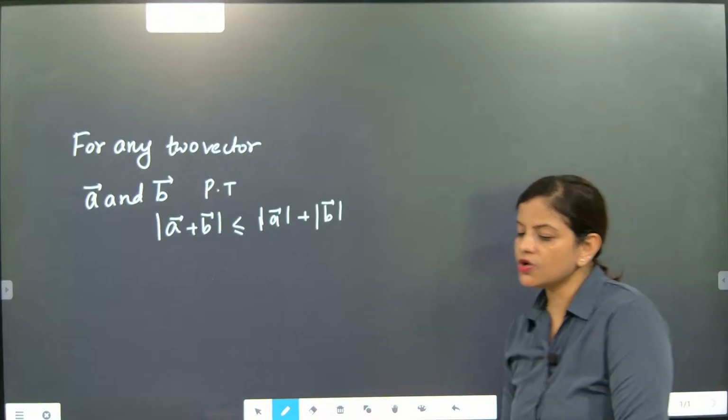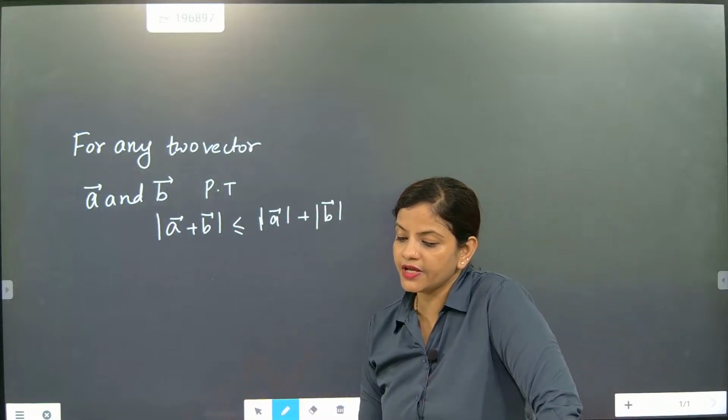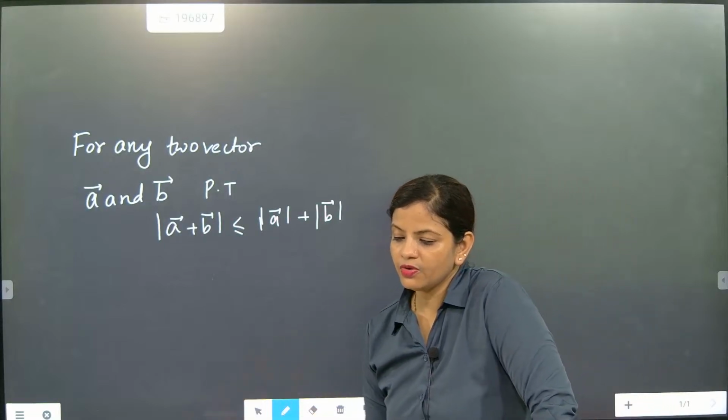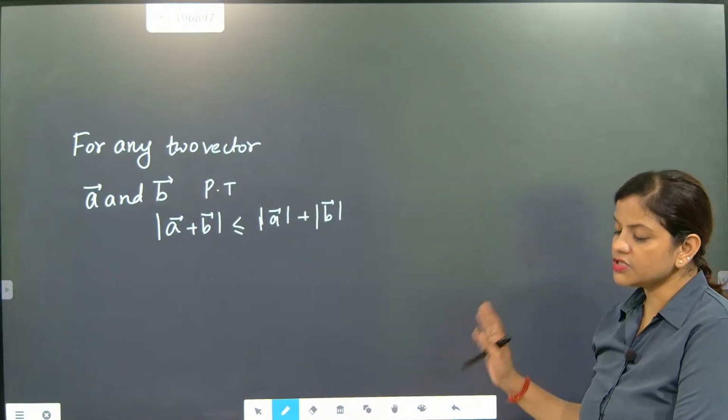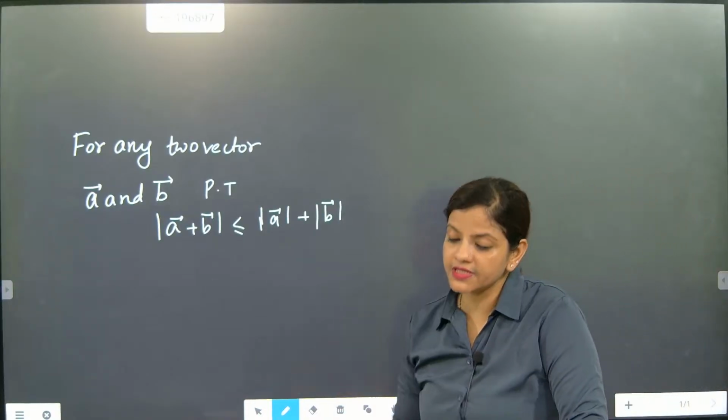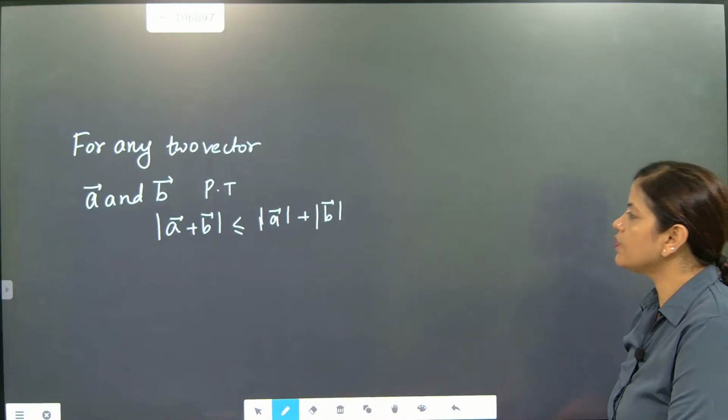Understood? This is also called the triangle inequality, and this is an NCERT question. So one time we are going to solve this question.